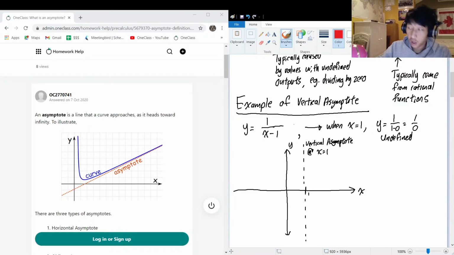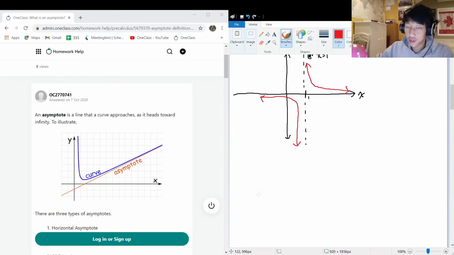And our graph would look a little something like this. Over here it would be going down to the negatives, and over here it would be looking like this. So they're going different directions on the asymptote for this particular function.